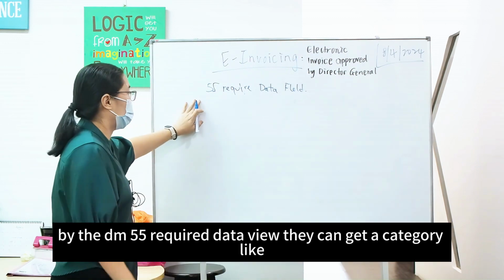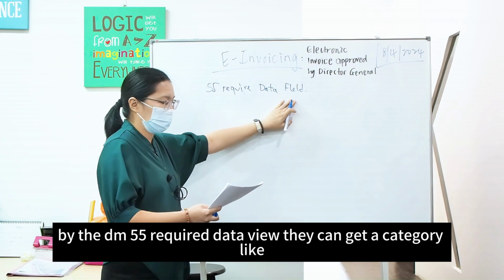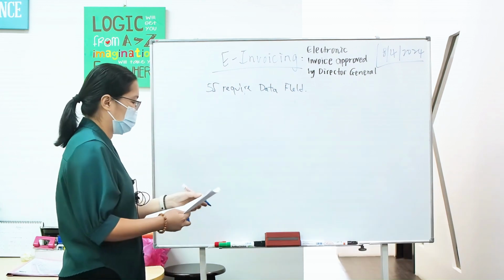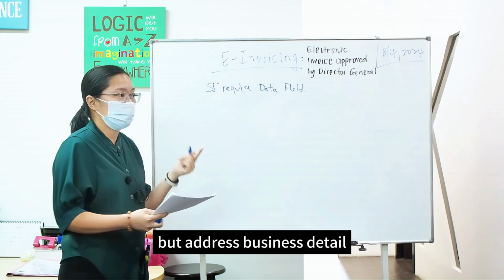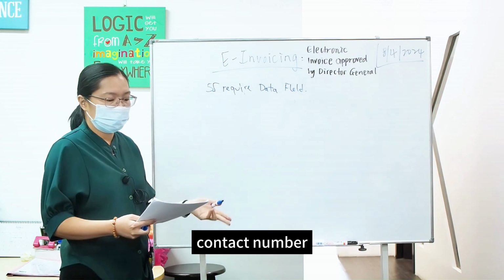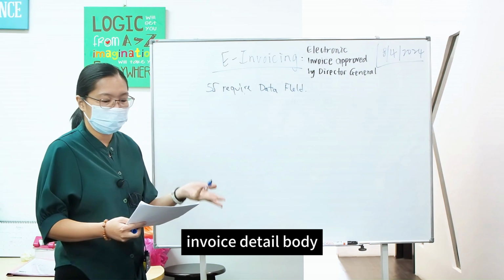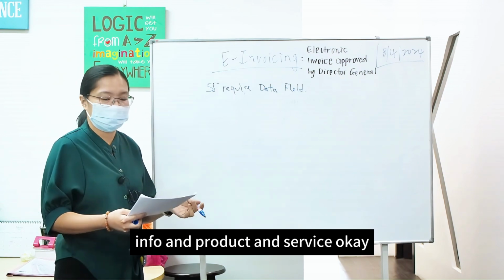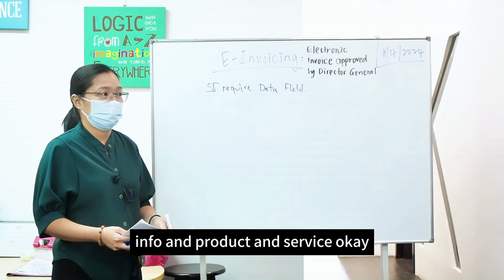The 55 required data fields can be grouped into categories like address, business detail, contact number, invoice detail, party detail, payment info, and the product and service.